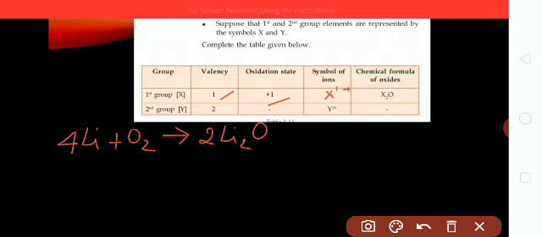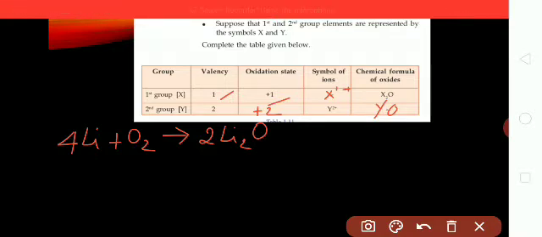For second group elements, let us represent them as Y. Their valency is 2 and their oxidation state is +2. The symbol of ions formed by second group elements is given as Y2+. The chemical formula of the oxides formed by these group elements is YO.